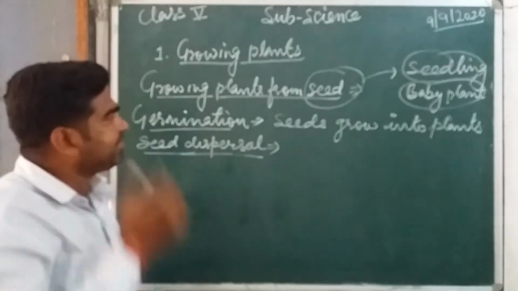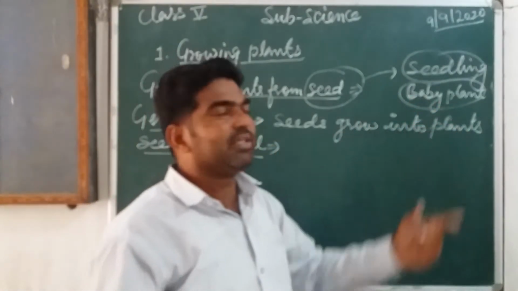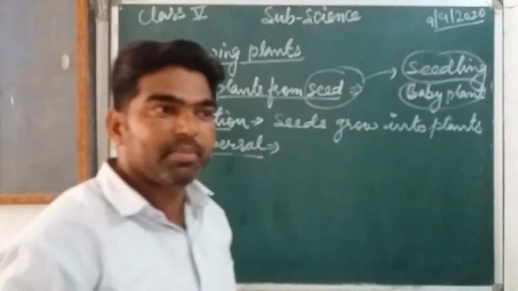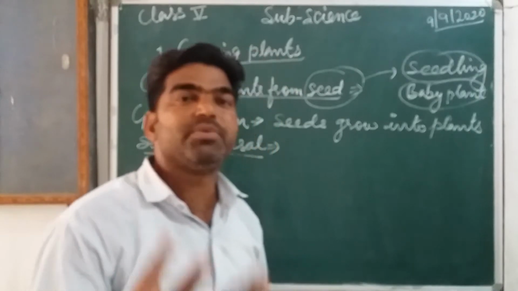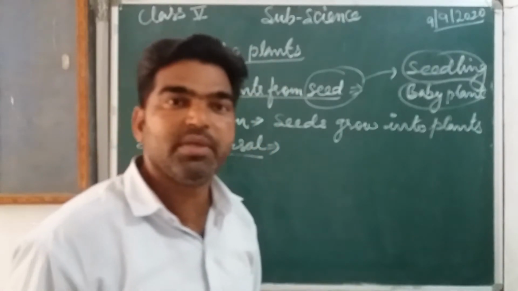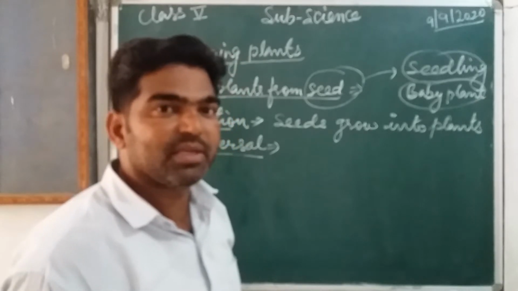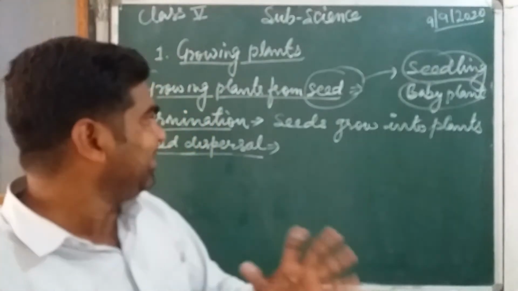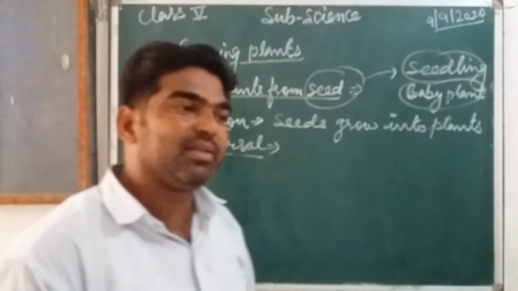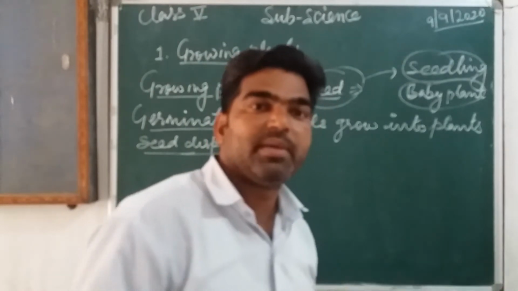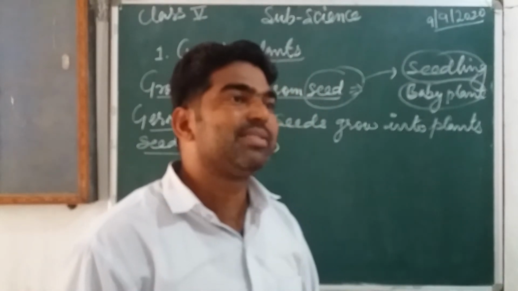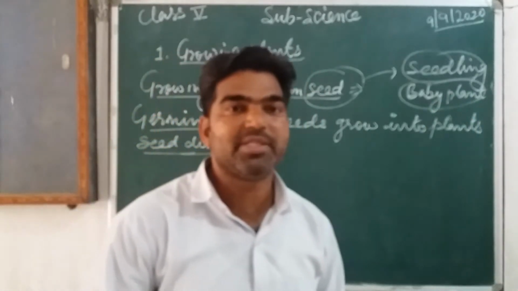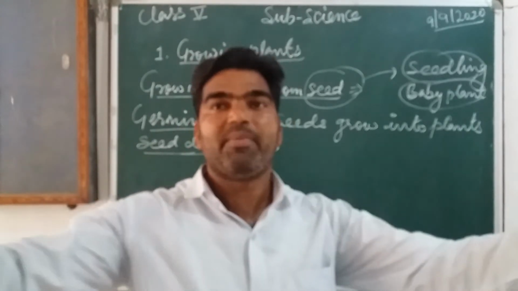Generally you observe that when the baby plant develops and forms a bigger tree, it takes the shape of a big tree. It forms flowers, it forms fruits, and from the fruits we get seeds. These seeds spread a long way, right? The seeds are scattered to far places.